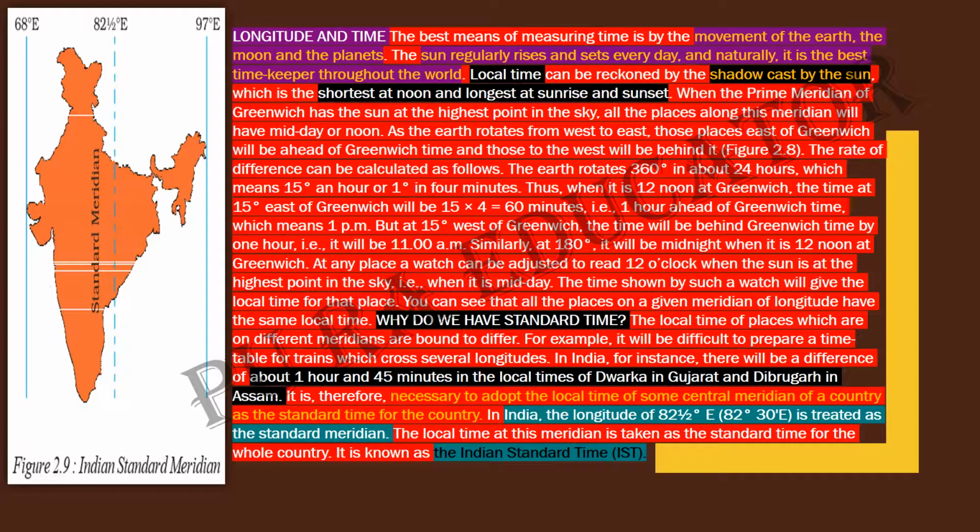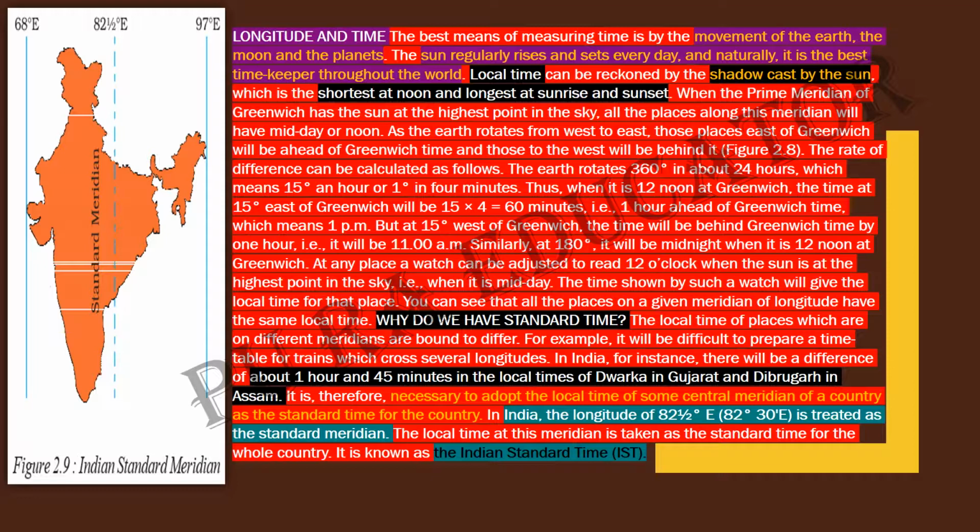The earth rotates 360 degrees in 24 hours, and so 15 degrees will be covered in 1 hour, or 1 degree will be covered in 4 minutes. When there is 12 noon at Greenwich, what will the time be at 15 degrees east of Greenwich? We will calculate by multiplying 15 degrees into 4 minutes, because 1 degree is covered in 4 minutes.